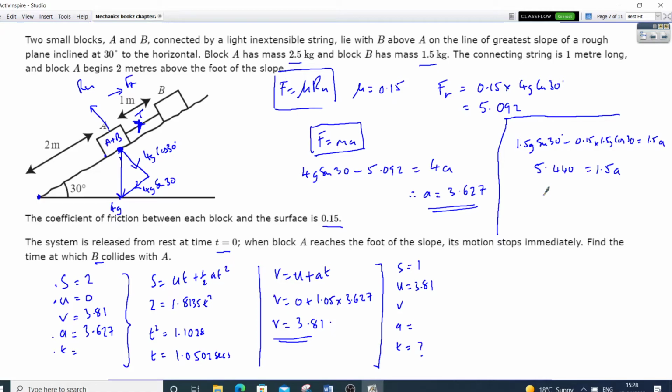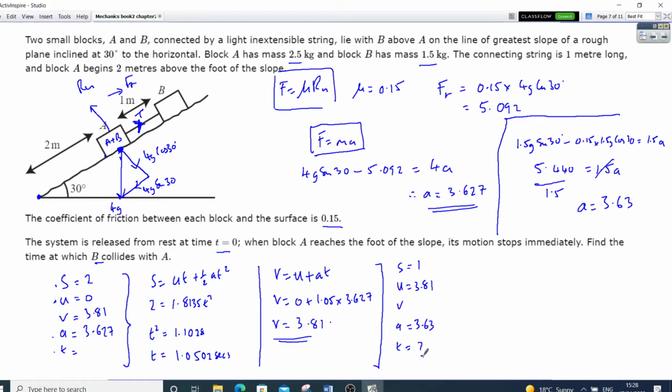Then divide that by 1.5, which will give me a. So the acceleration has changed to 3.6269, so I'm going to call it 3.63.